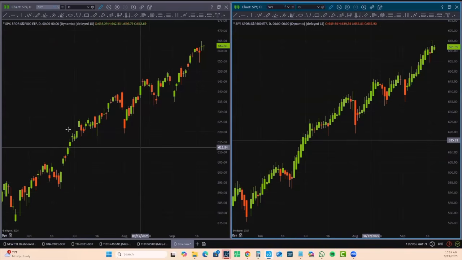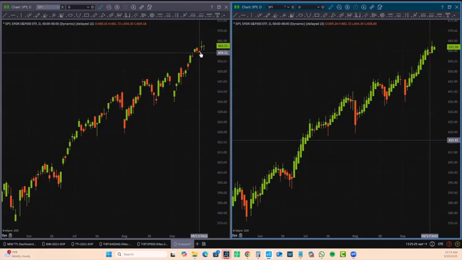Okay, so I just want to do a little talk about Heikin Ashi candles. These are a variation of our normal candlestick. Just a quick review, we take one of these daily bars on SPY. This one has a little body. The bottom of it is the closing price, the top is the opening price.